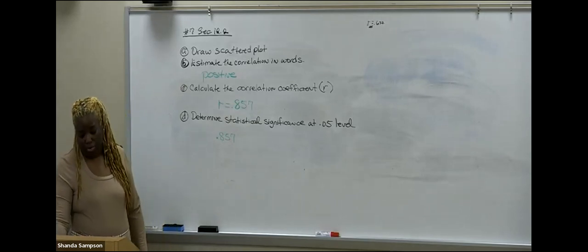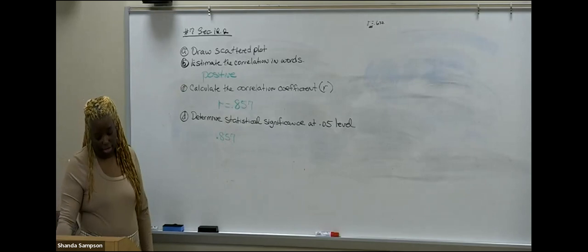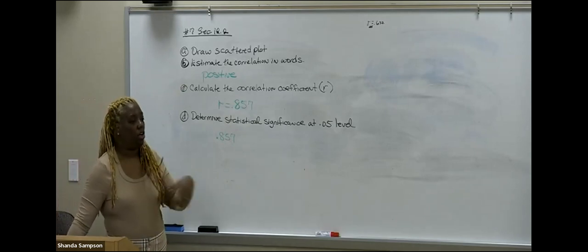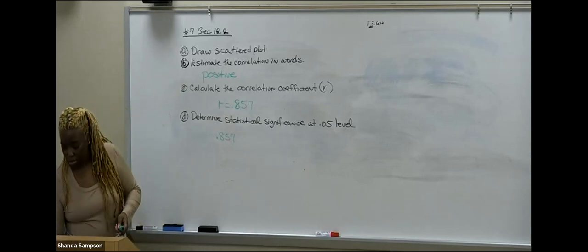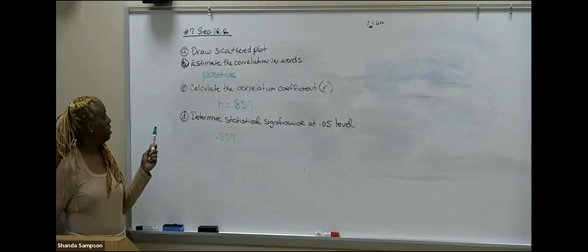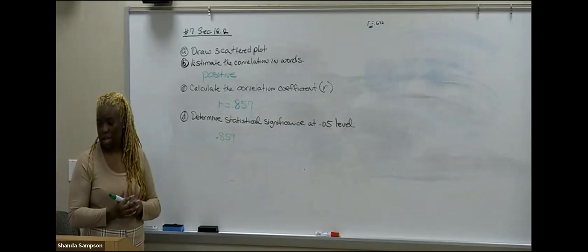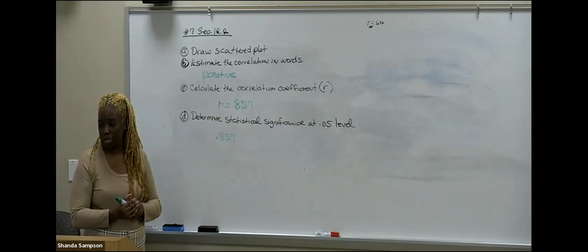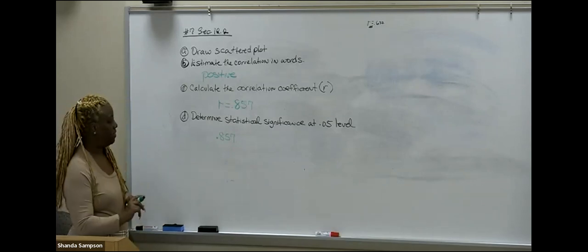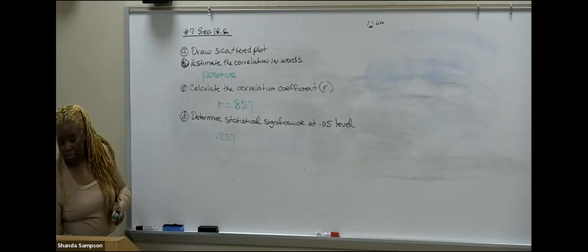So what's the number that we get off the chart? Let me pull up the chart. What did they ask for, a 0.01 or a 0.05? Oh, 0.05, sorry. And we had 12 countries, so 0.576. So 0.576 is where we're at.